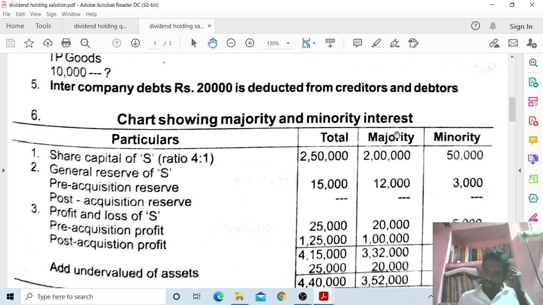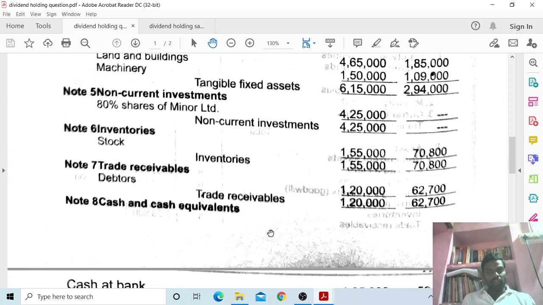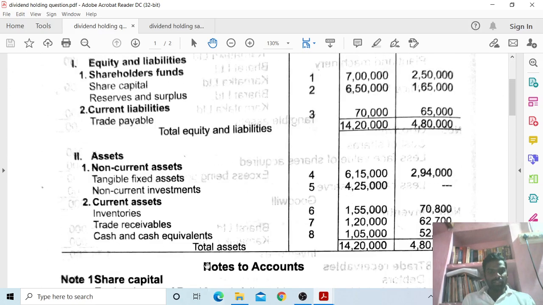So next, sixth one, chart showing majority and minority interest. You have now calculated pre-acquisition profit and pre-acquisition share capital. So you have to take share capital of the subsidiary company. The ratio is 4:1.